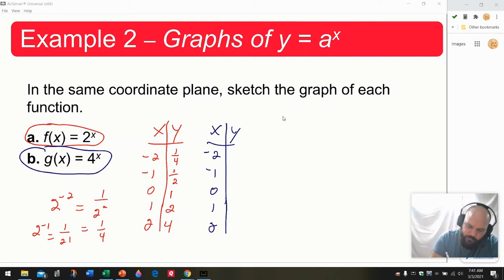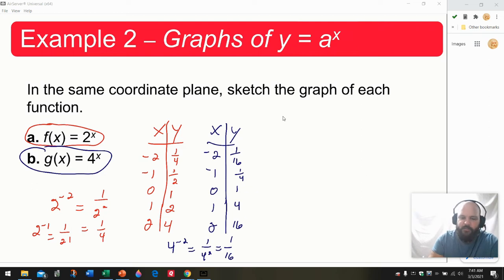So 4 to the -2 is 1 over 4 to the second, which is 1/16. So that's much smaller than what the other function had. When we do -1, we're going to get 1/4. And then when we plug in 0, it's 1. Anything to the 0 power is 1. And then 4 to the first power is 4. 4 to the second is going to be 16.